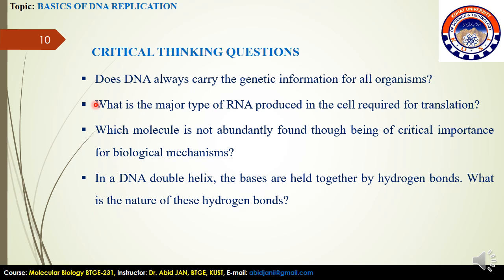What is the major type of RNA produced in the cell required for translation? Generally, ribosomal RNA is of four types: 28S, 5.8S, 18S, and 5S.